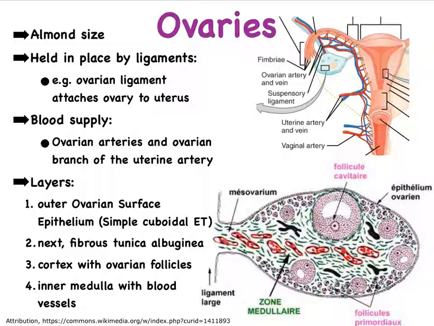Finally, we get to the ovaries, of which there are two. And in functioning ovaries, meaning they're going through regular ovulation, we find that they're about the size of an almond. They're held in place by various ligaments, as I mentioned earlier, even ligaments that anchor it to the uterus itself. It has a good blood supply via the ovarian artery and is veined via the ovarian vein.